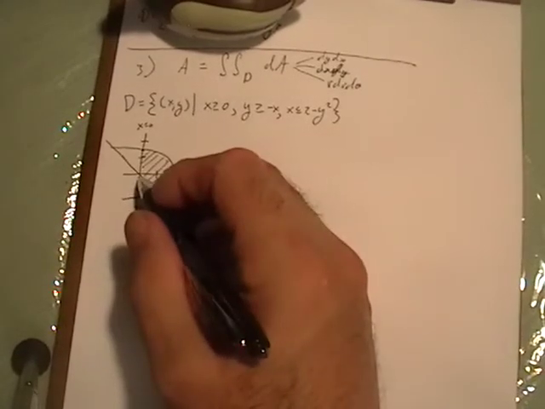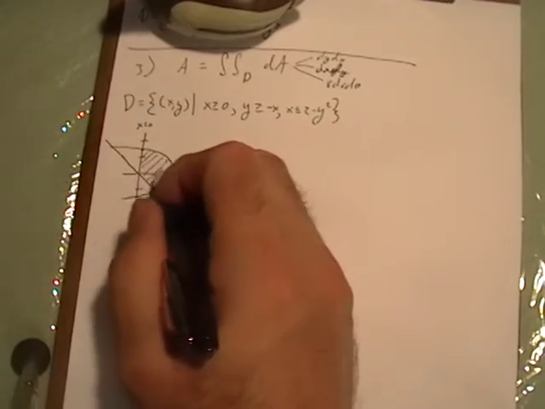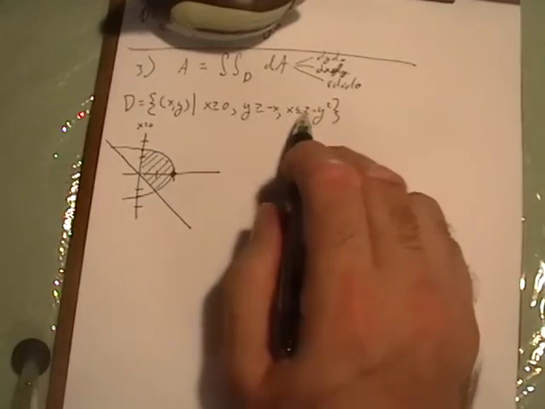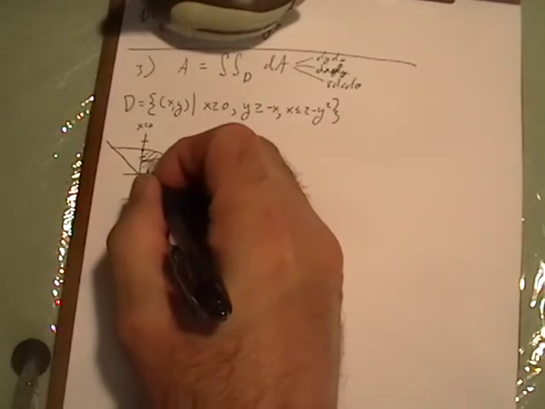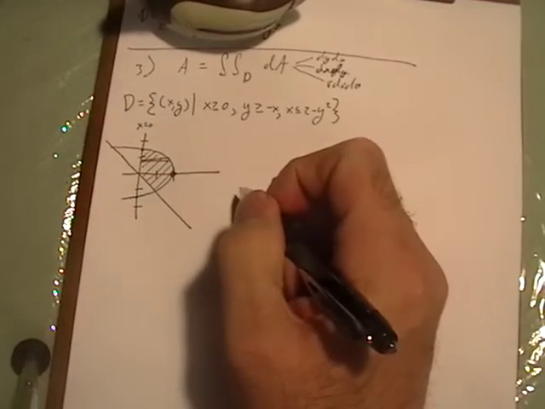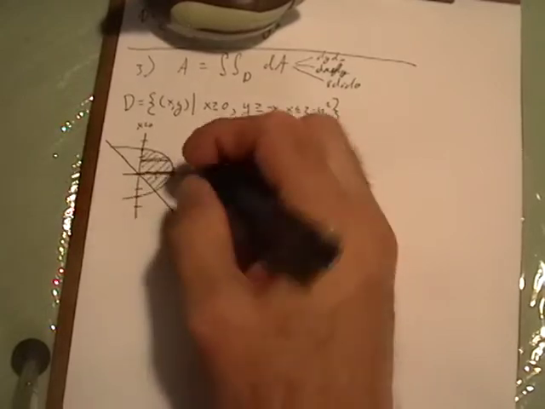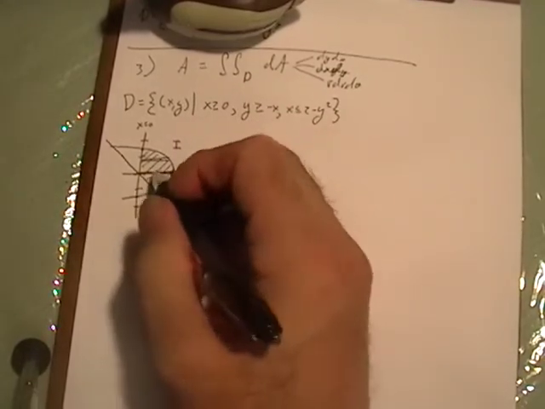I think I'm going to have to make a decision. Do I want to slice it up dy, or do I want to slice it up dx? Since I have x in terms of y, I think the decision is going to be to slice it up dy. I also think I'm going to have to do two different areas. Let's call them 1 and 2.